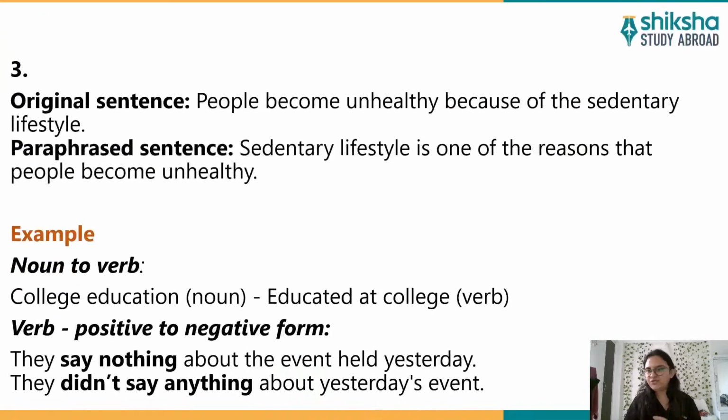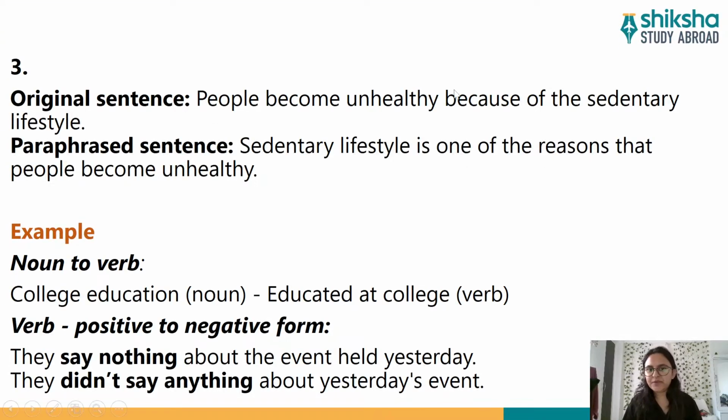Okay, let me take you to another example. People become unhealthy because of the sedentary lifestyle. Paraphrased sentence: sedentary lifestyle is one of the reasons that people become unhealthy. So the words you can see here have been copied in some way, but they have been jumbled.